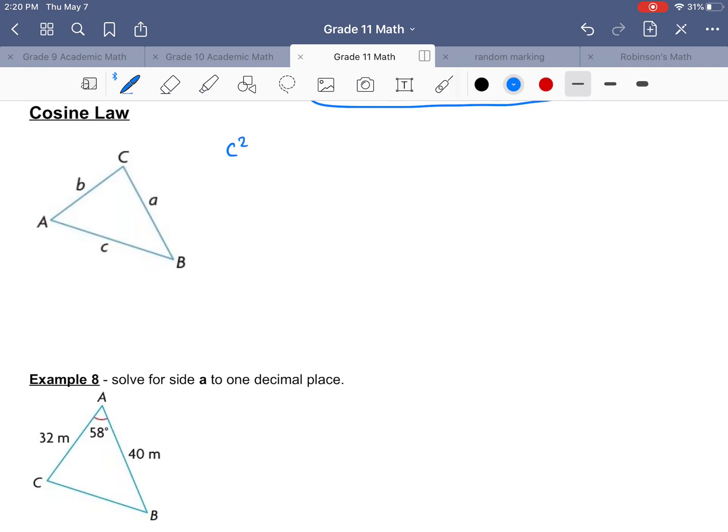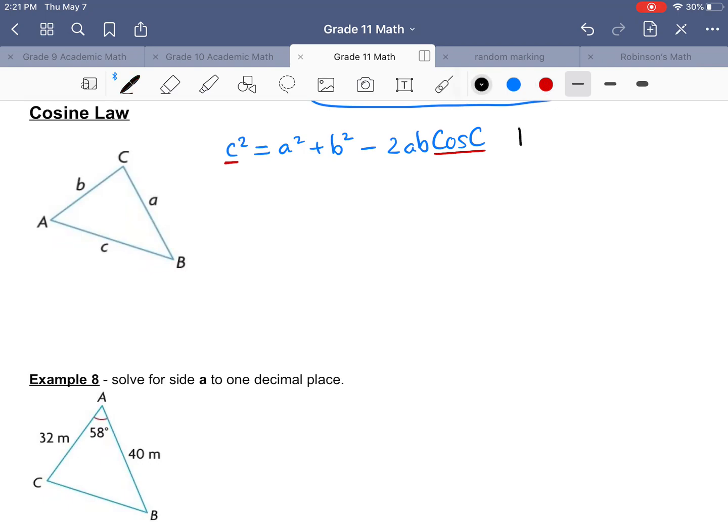So we would use lowercase c squared is equal to lowercase a squared plus lowercase b squared minus 2 times a times b times cos of angle C. And it's very important that the side that we're looking for, so side C, lowercase c, and the angle are in the positions that I've underlined in the formula.